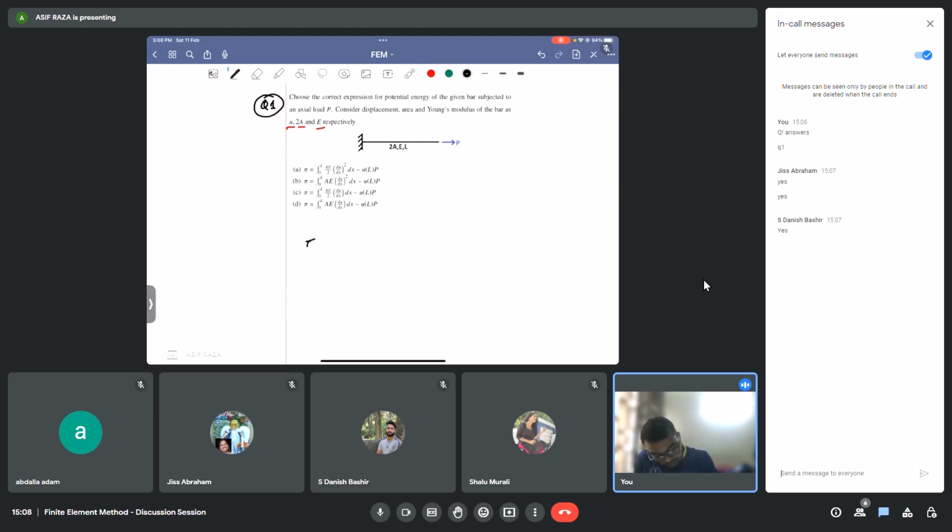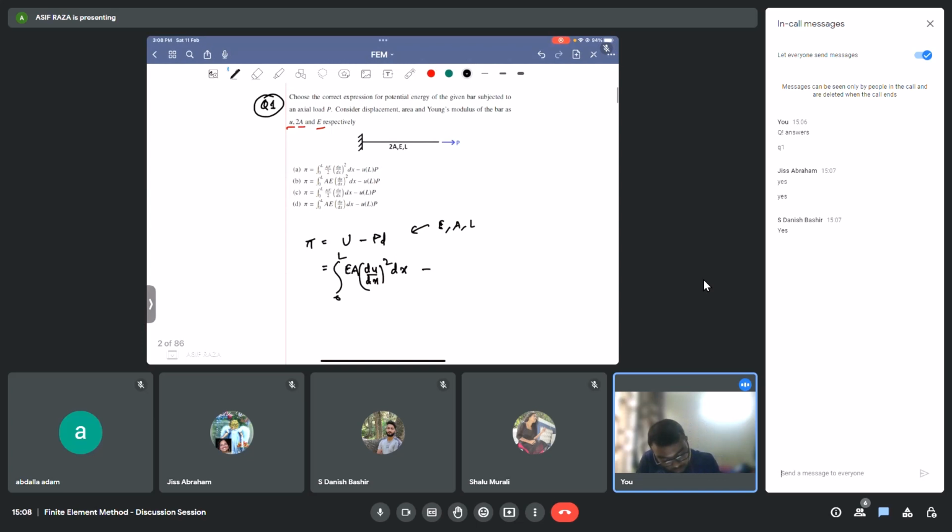So, what is potential energy? Potential energy is the strain energy minus the potential work due to the loads. The strain energy, if a body has Young's modulus E, area A, and length L, is given as EA/2 times (du/dx) whole squared dx from 0 to L, minus the potential work done due to the loads.